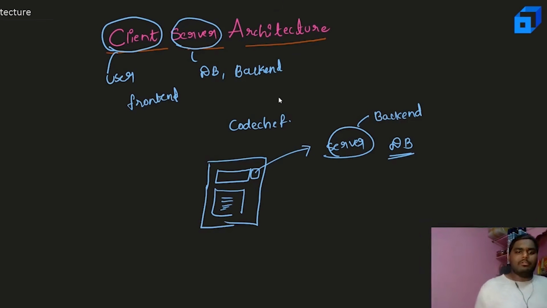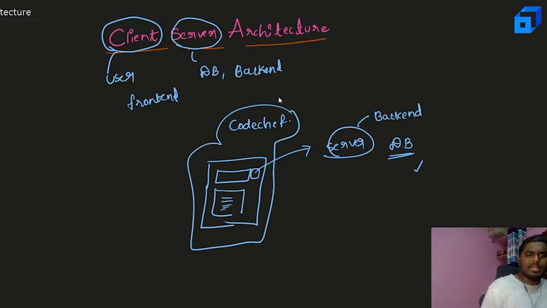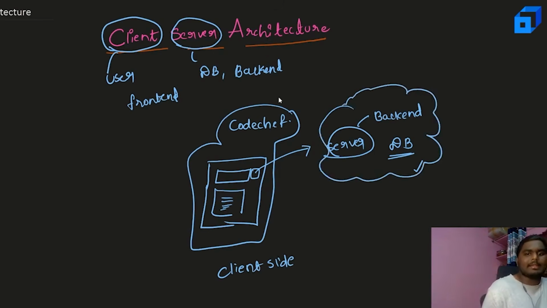Whenever you search with that particular username, it will return the details of that particular user. So the web application which you are using to send the request is called the client side, which you are using directly, and this other part you are using indirectly.